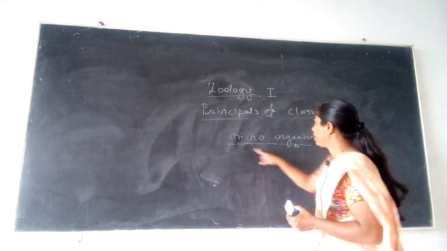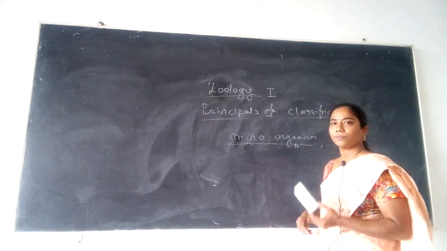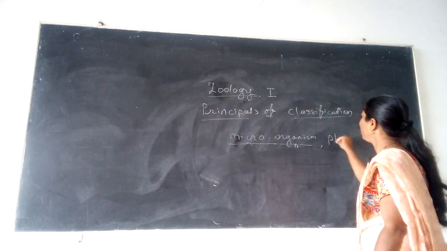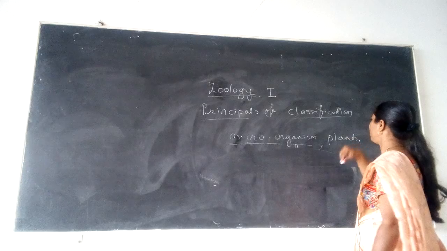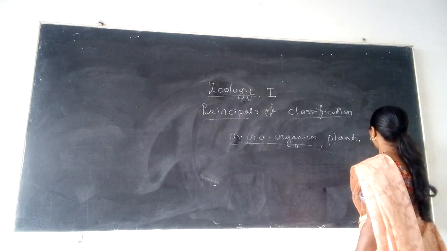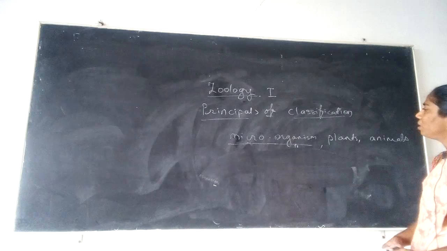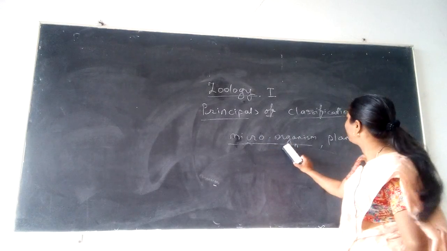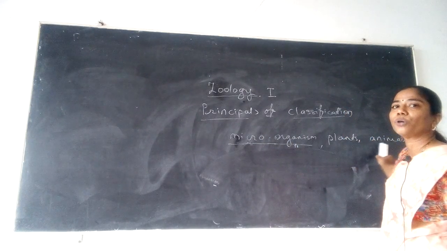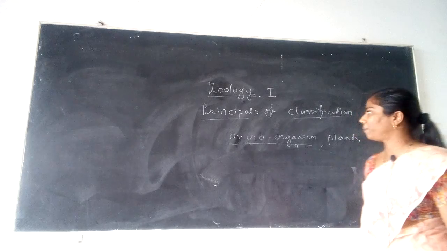So here the microorganisms are there. Then many different plants are also present around us, and many different animals are also present around us. So in nature, the microorganisms, plants and animals, all these living organisms are present.